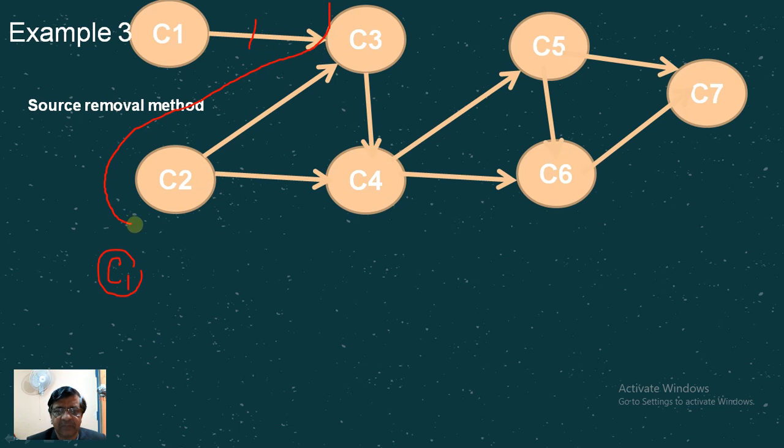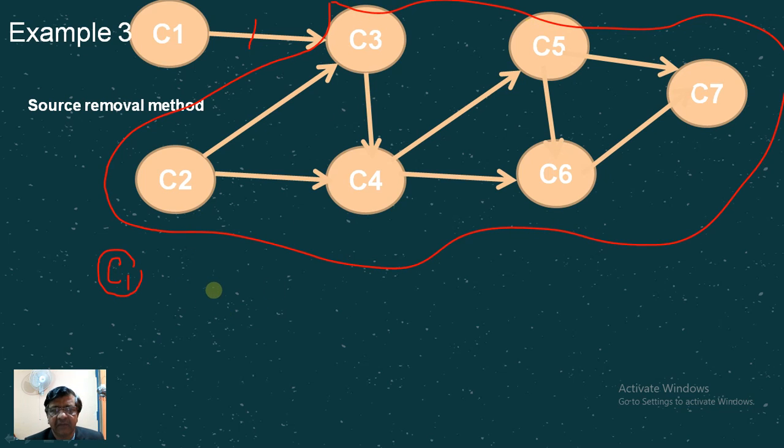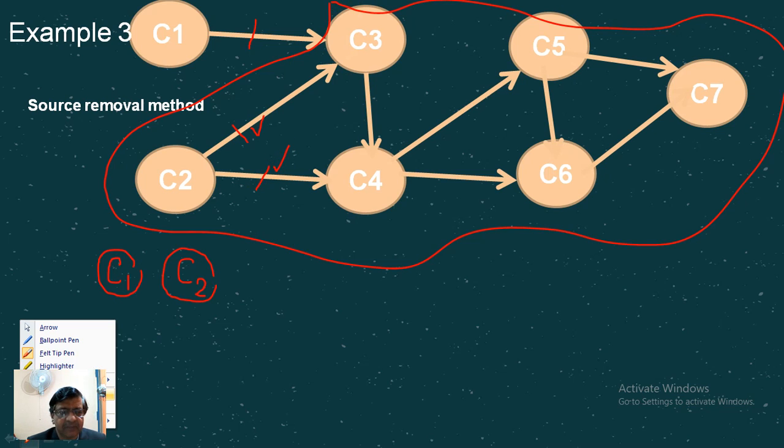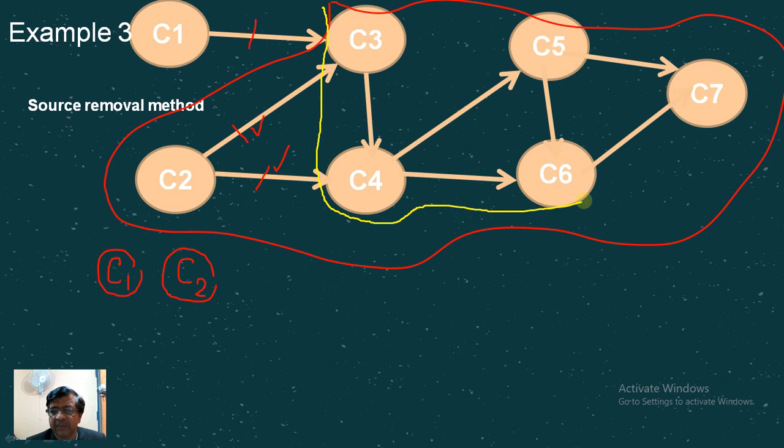Then we can remove C2 because there are no edges coming in. C2 is also removed. If C2 is removed, this edge will go and this edge will go. So what remains is only this part of the graph.